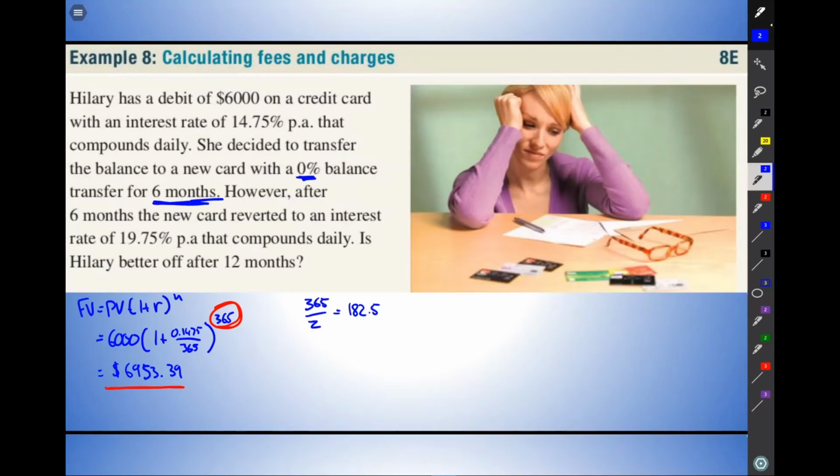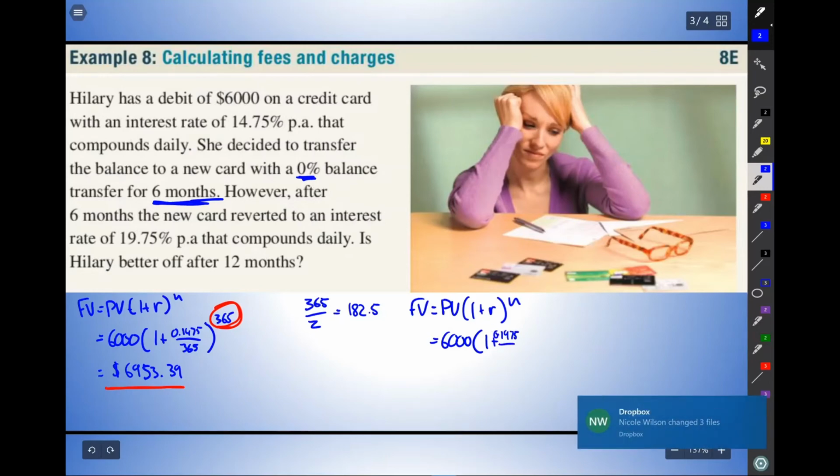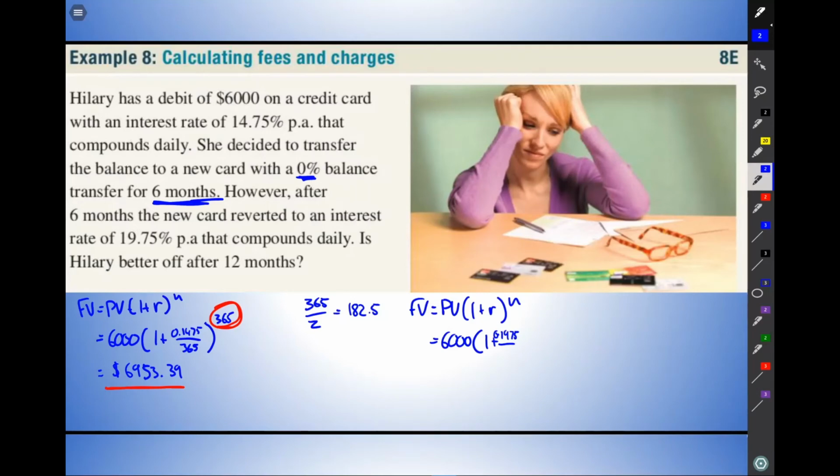Right, so for the second card, the calculation is going to look like this. The starting amount is still the same. The interest rate now is 0.1975.